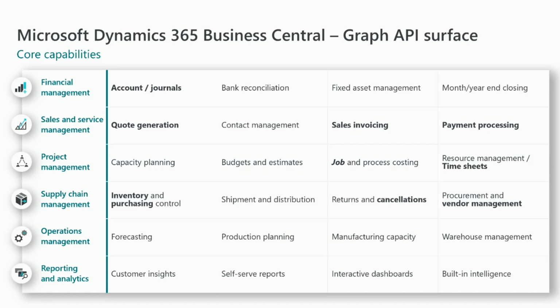So we've had APIs for quite some while, but recently we entered into the beta version in Graph. So roughly the areas we are covering within the different domains are how to access the chart of accounts and do journals, do posting to Business Central.